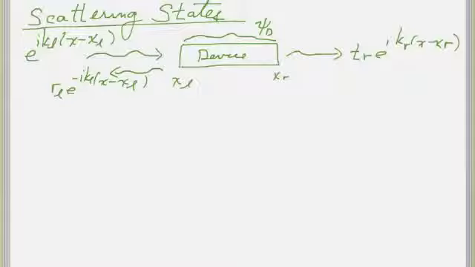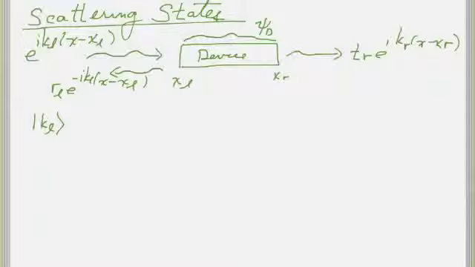And we label the scattering state as just this. It represents a full state that evolves from injecting a plane wave from the left, and part of it's going to come out the other side, part of it's reflected.